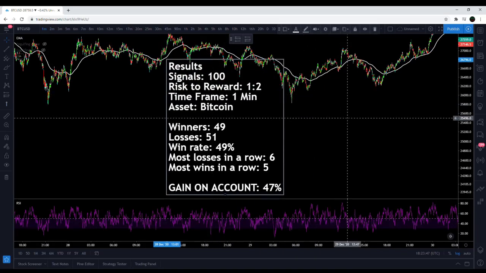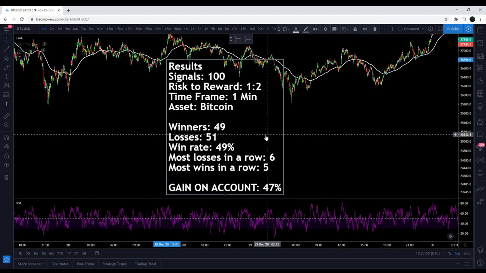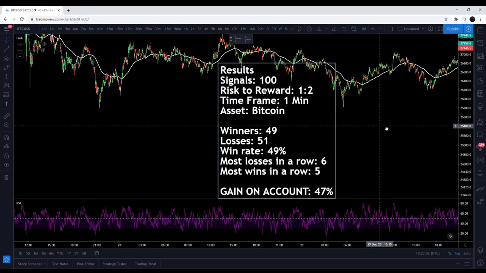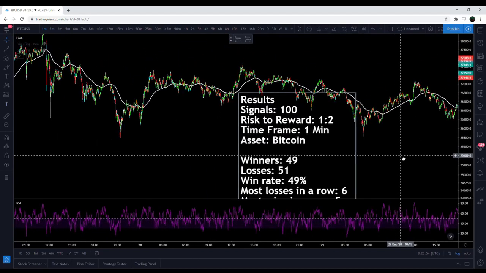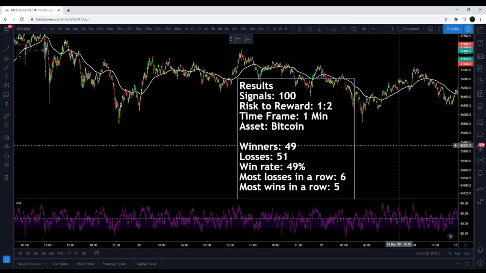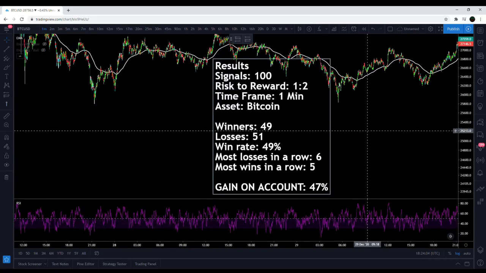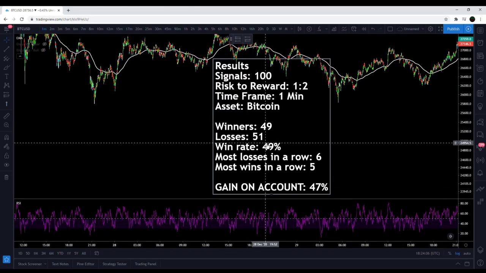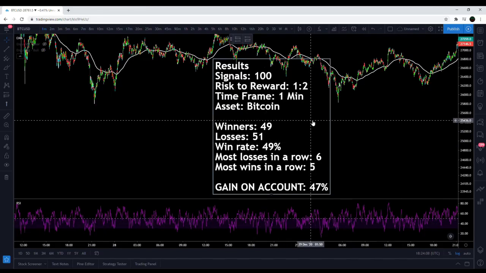You really want to do the proper testing and optimize it, seeing as I just threw this together really fast and did not optimize it, just chose a default 1-to-2 risk reward ratio to compare it with other strategies that I've tested. Okay, so I'll pop it up on the spreadsheet. This did really well, a very impressive strategy, especially considering how simple and easy it is to trade. But you also need to keep in mind we have the issue of the spreads and fees.